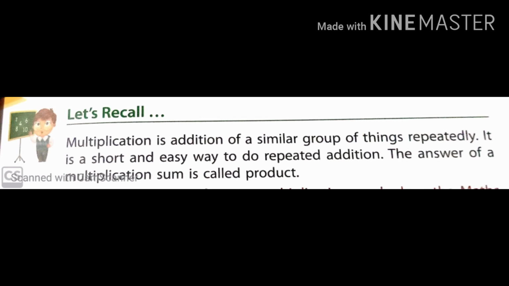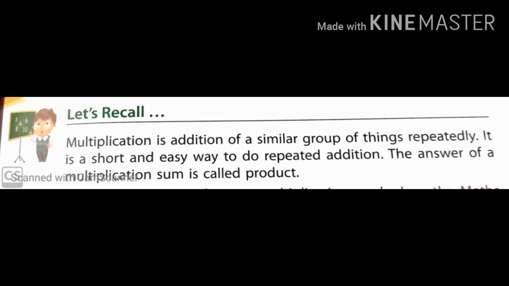It is a short and easy way to do repeated addition. The answer of a multiplication sum is called product.